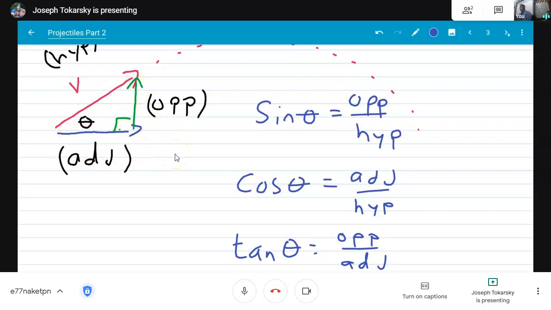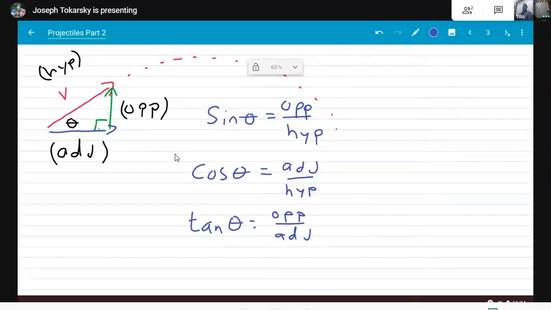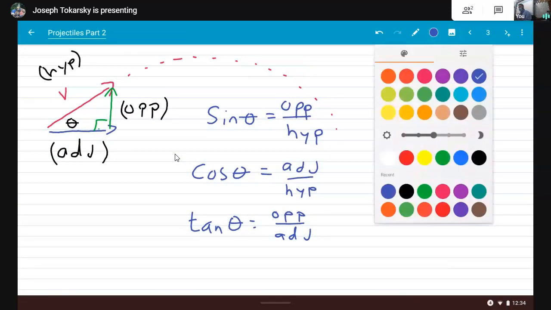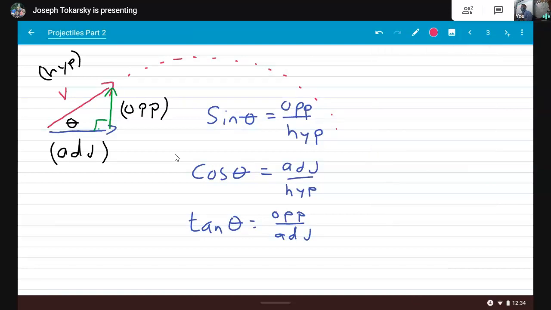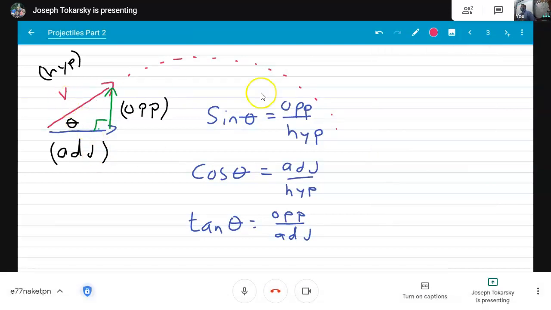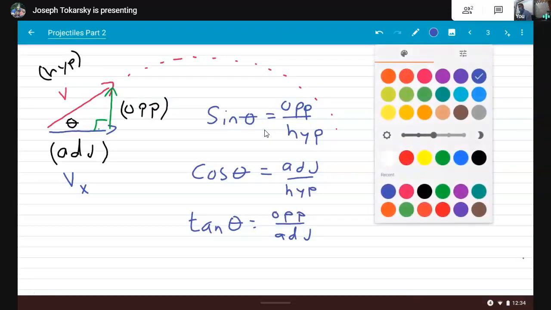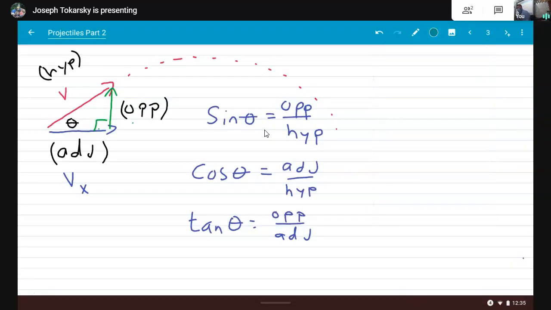Now, we name those sides generic math names: opposite, adjacent, hypotenuse. But now I'm going to put in the real names as far as how we apply that. One of them's already there, V. This one down here, the adjacent side, is going to be our horizontal velocity. And our opposite side is going to be our initial y velocity, which is no longer 0 because this is not fired horizontally.